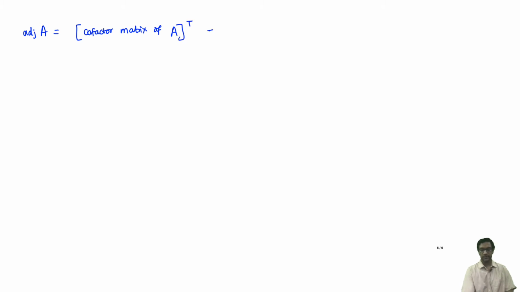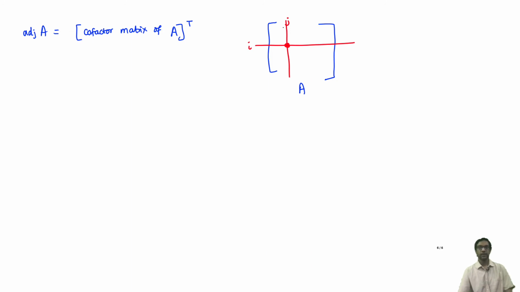Now what does that mean? The question now reduces to: does the cofactor matrix make sense, or does it make sense to define cofactors when you are over an arbitrary ring? Well, what is the cofactor of an element? Suppose I have a matrix A, and what's the cofactor of the ijth element? Look at the ith row, jth column. The cofactor of this element is obtained by deleting the ith row and the jth column, looking at the remaining n minus 1 cross n minus 1 matrix, taking its determinant and then multiplying it by a sign.